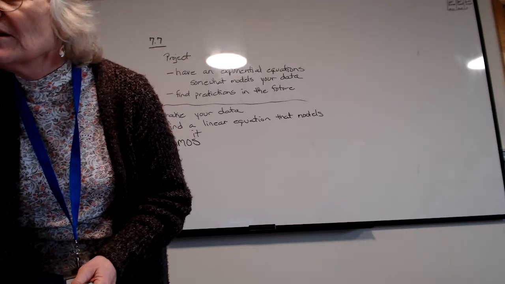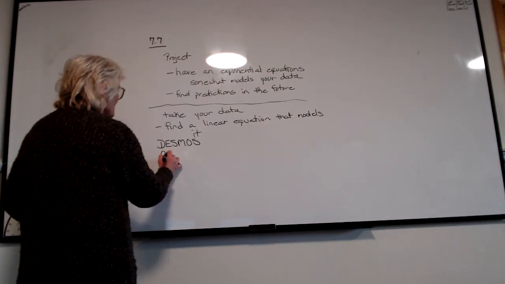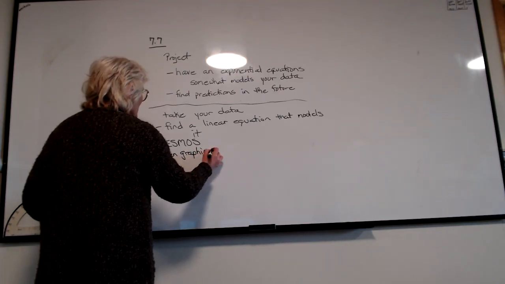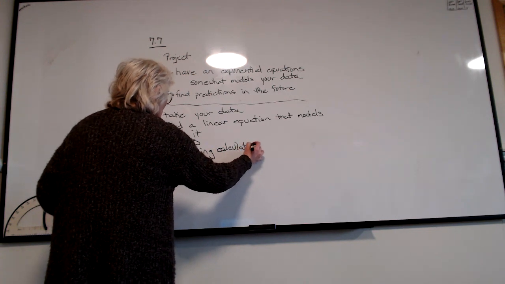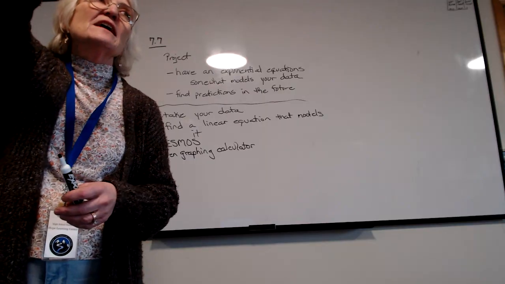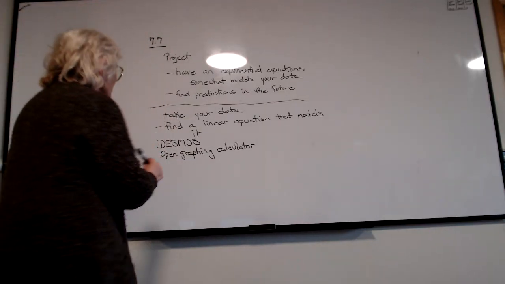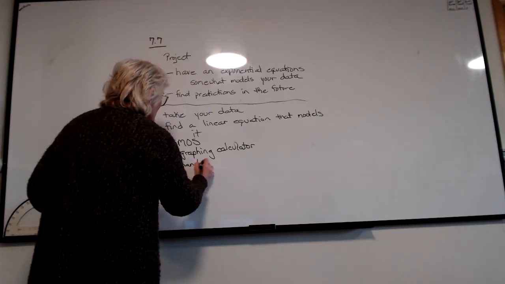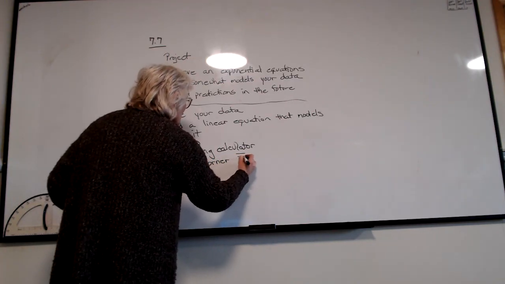You want to open the graphing calculator when you go to desmos.com. You're going to go up into the left-hand corner, and there's three lines, 1, 2, 3.